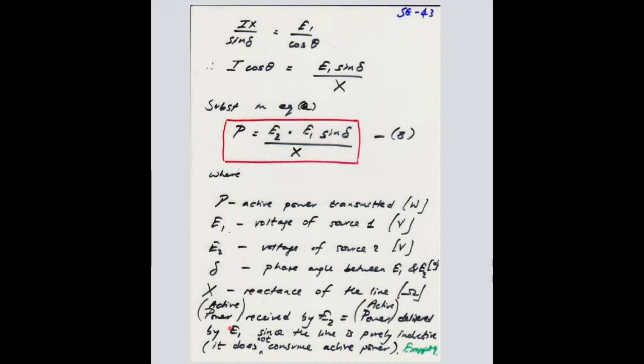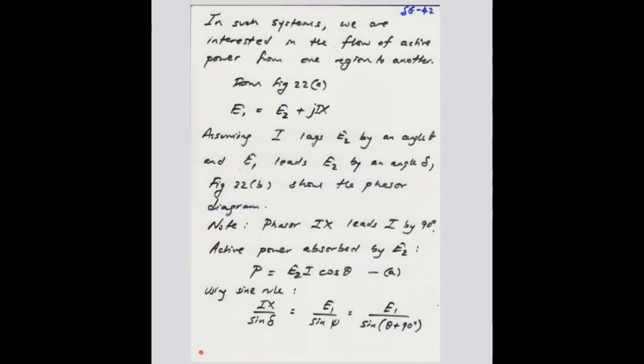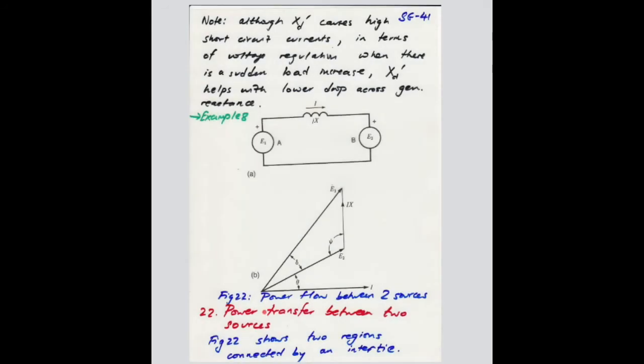All right. So the active power received by region B is equal to the power delivered by region A. Again, just remember that in this model, we're only modeling the inductance of the line. We didn't model the resistance.